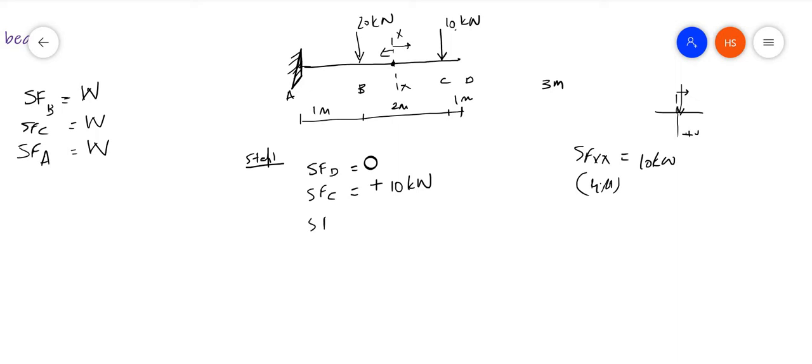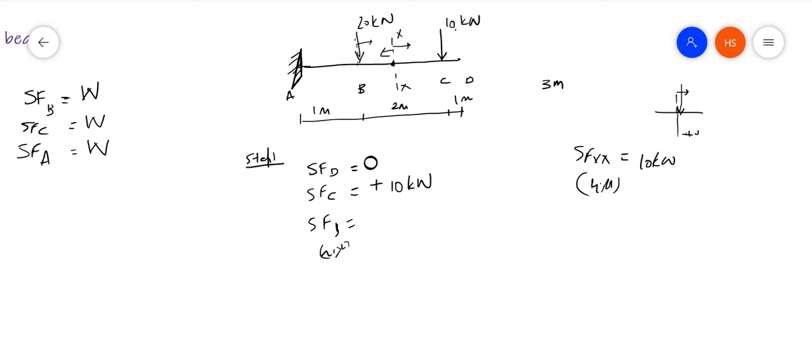Now the shear force at B. I am considering a small section near this point, and I am taking the load to the right. What are the forces acting? 10 kilonewton is there, 20 kilonewton is there.